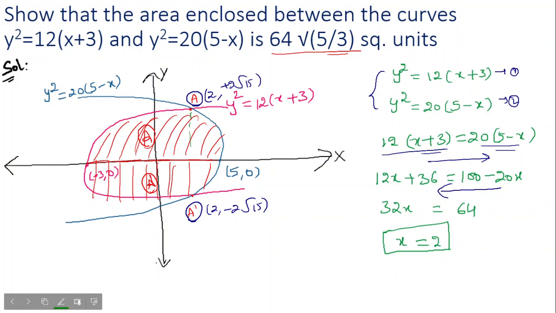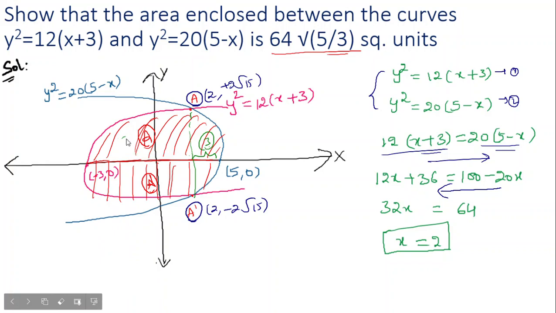It is not symmetric about the y-axis because the distance from minus 3 to 2 is 5 units, and the distance from 2 to 5 is 3 units. So these two distances are different, and so this figure is not symmetric about the y-axis.